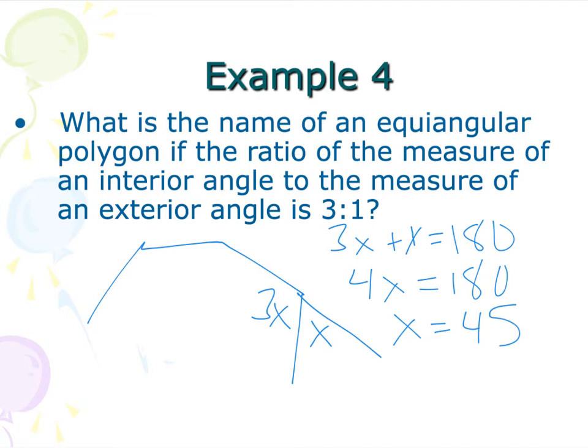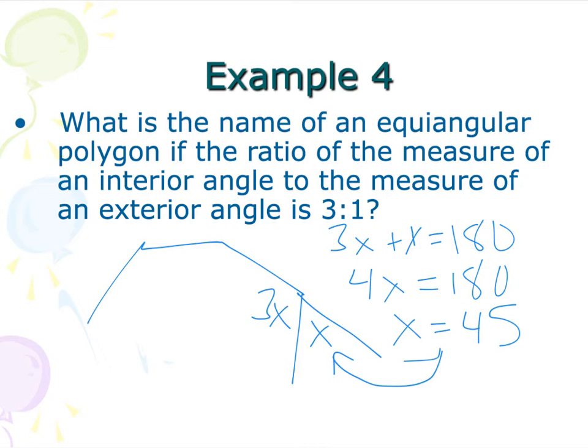So that's what I have, right? It says, what is the name of an equiangular polygon if the ratio of the measure of an interior to an exterior is 3 to 1. So this is my measure of my what angle? Well, since x is 45, my exterior angle would also be 45, right? My interior is going to be 135. But my exterior is easier to work with anyways.